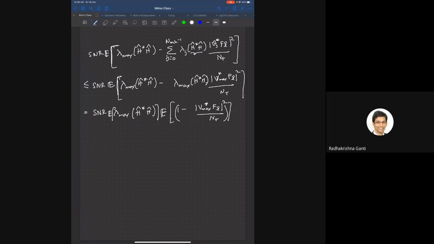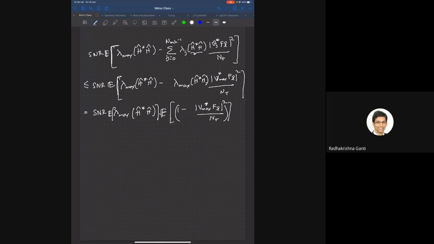Here I have used the fact that for an IID Rayleigh channel, for IID H Hermitian H, the lambda max values and the eigenvectors are independent. There's a result like that. For Wishart matrices, the eigenvalues and the eigenvectors are independent of each other. So they have used that result to obtain the independence of these two.